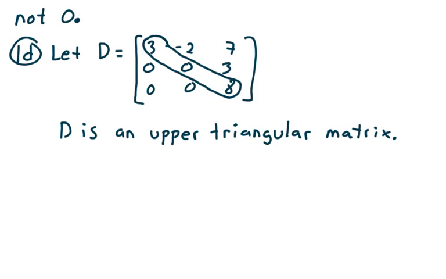Okay? And then by inspection, is D invertible? No. Why no?